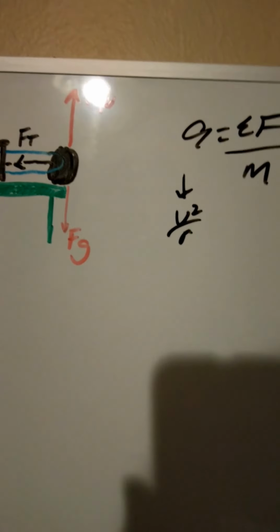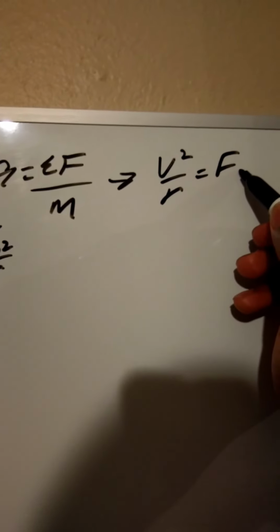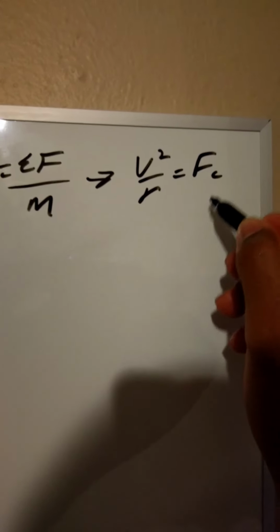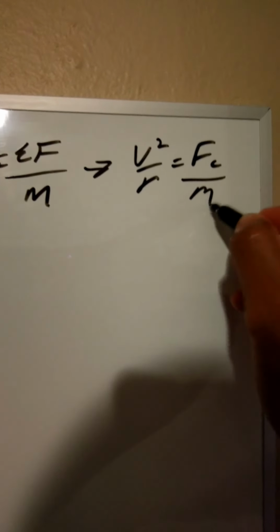And so I would just want to replace the acceleration with v squared over r. And just to clarify, I'm using centripetal force over my mass.